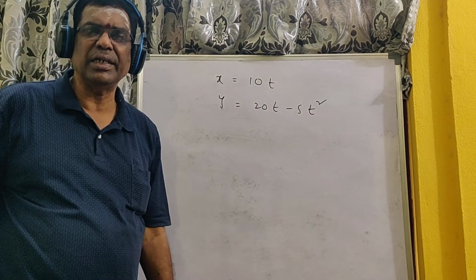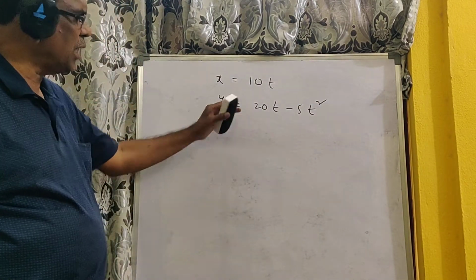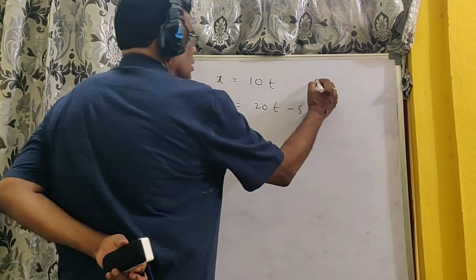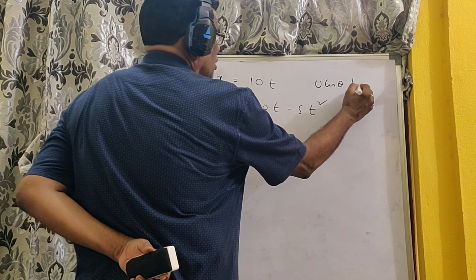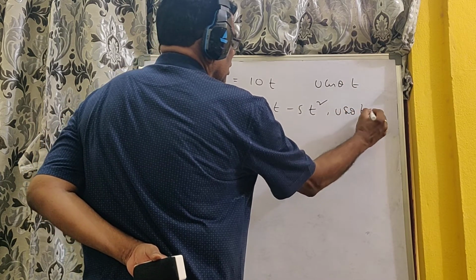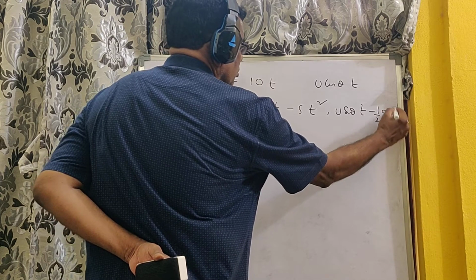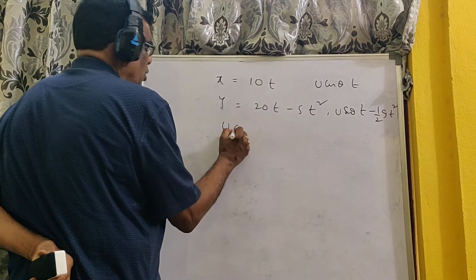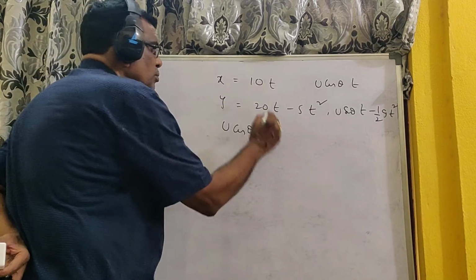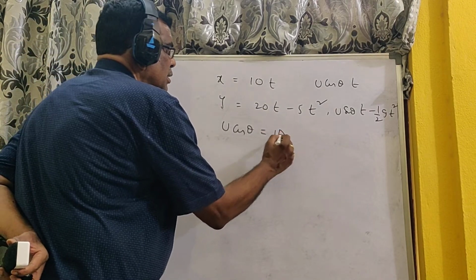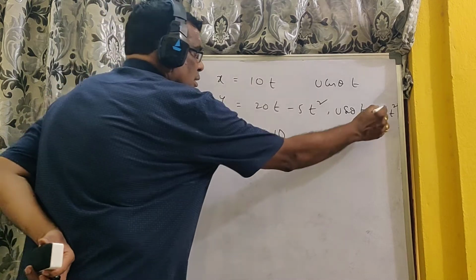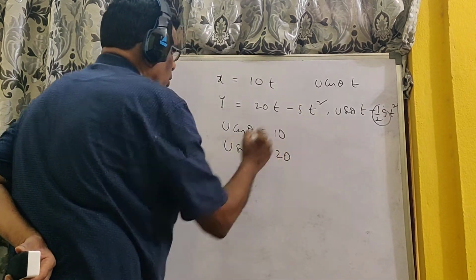Something like that they may give. They may ask anything, but you simply compare with your original equations. X is u cos theta t, and y is u sin theta t minus half gt square. If you compare, what do you get? U cos theta is equal to 10, u sin theta is equal to 20, g by 2 is equal to 5.